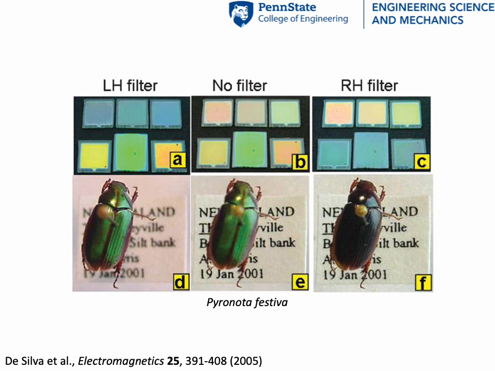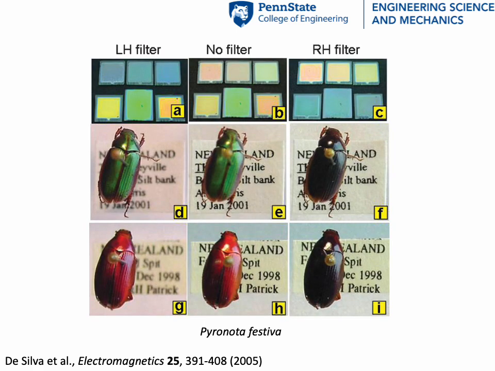But when illuminated with right circularly polarized light, it appears black. This beetle also comes in other colors, such as red. It still exhibits circular polarization state selective reflection. Therefore, the helicoidal structure in the cuticle is structurally left-handed.